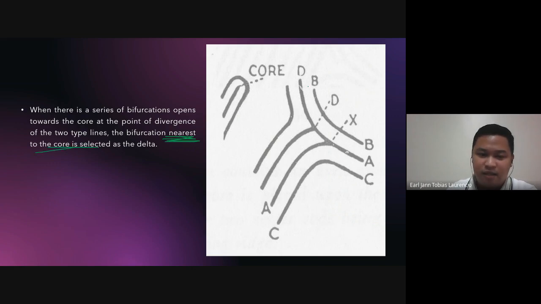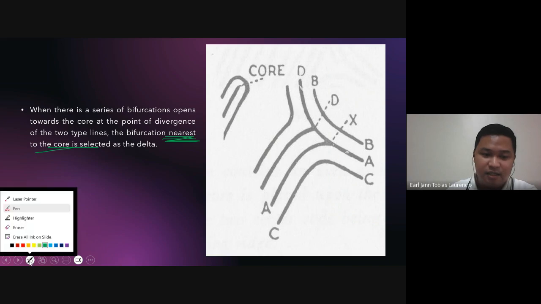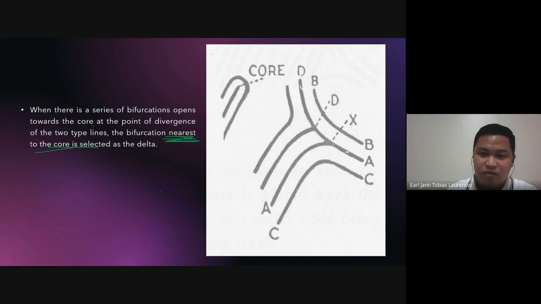So let me encircle the delta. This one is the delta. As you can see, there are double bifurcations here. This one, the one that I am encircling with red, shall not be considered as the delta of the pattern. For what reason?